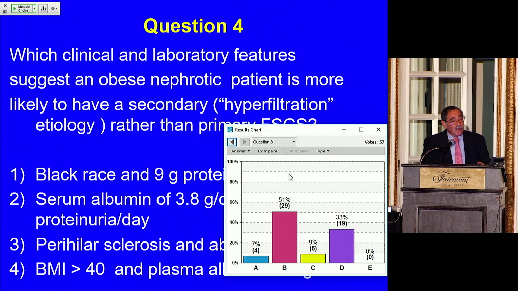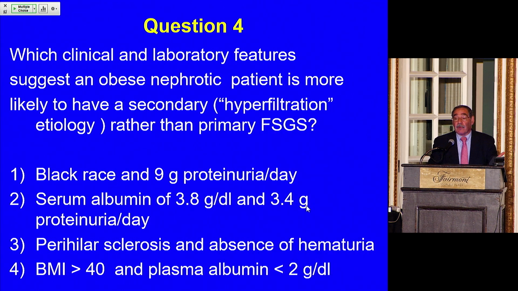Secondary focal sclerosis, hyperfiltration, usually has an albumin that is close to normal and lower levels of proteinuria. So the albumin of 3.8 and 3.4 grams of proteinuria would be typical of hyperfiltration due to a remnant kidney, due to obesity, anything like that. African-American race and 9 grams of proteinuria is classic for idiopathic primary focal sclerosis.